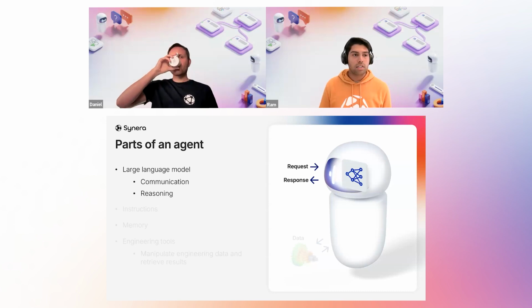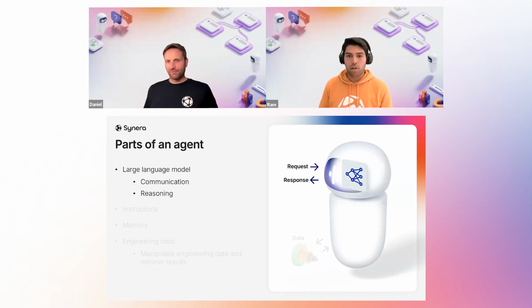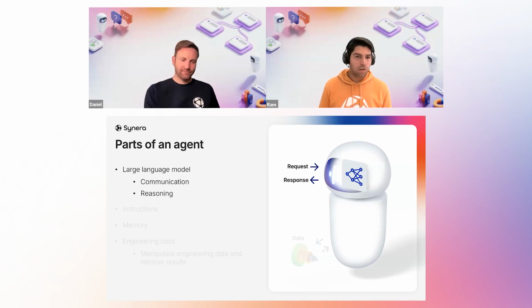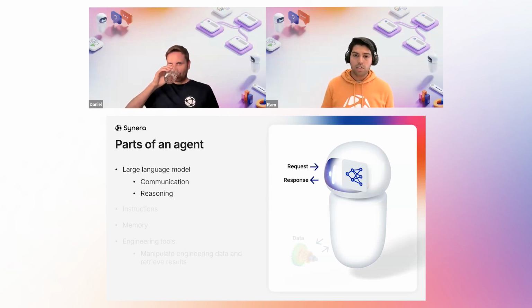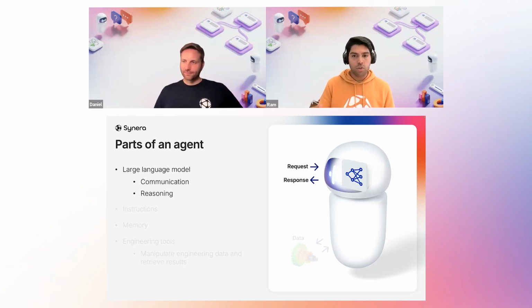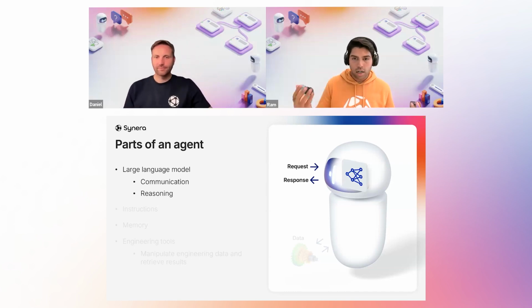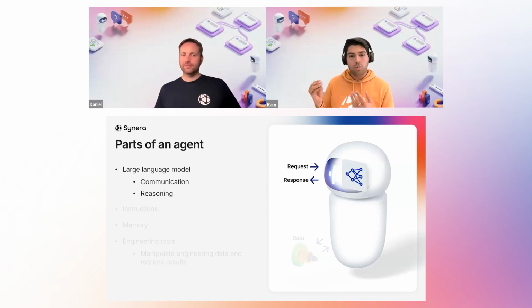And the first ingredient is actually a large language model, which is basically an AI model. And this is almost the brain of an agent, because it can do two things which are very close to humans. That is communication, talking to other agents, talking to humans, communicating thoughts and ideas, but also reasoning.